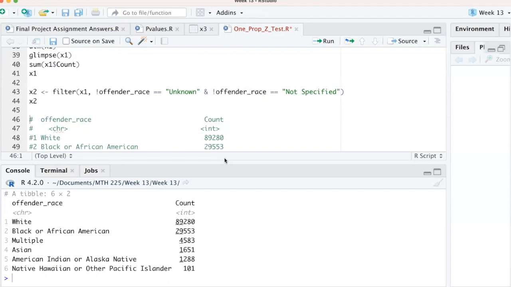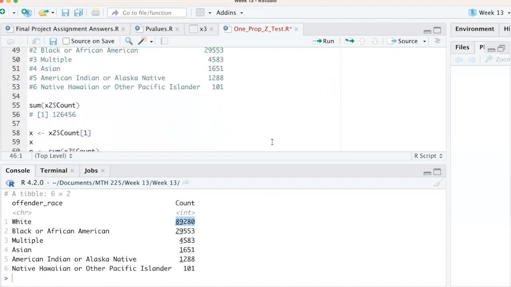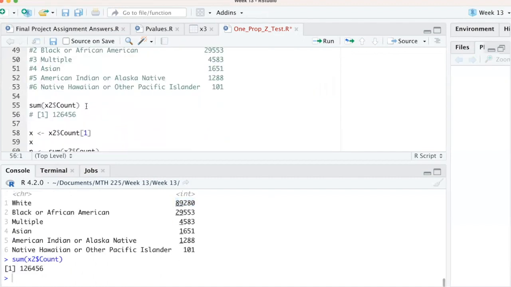All right, so the number we need for our sample proportion is the number of hate crimes committed by whites, and there it is. And all the other ones are the non-whites. If we sum up all the numbers in the count column, you'll see we have 126,000. So of our 226,000, 100,000 of them, we don't know what the race is of the offender.